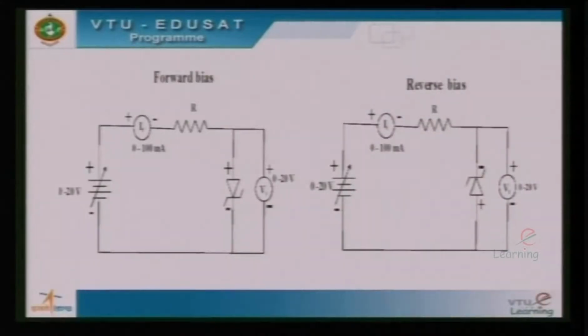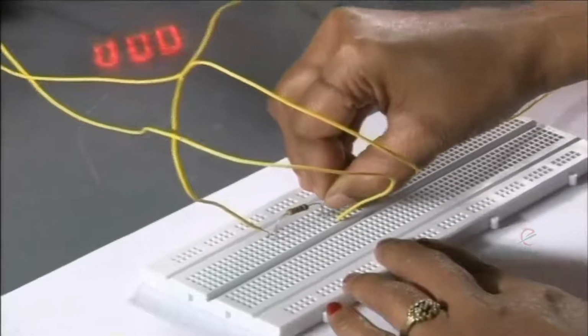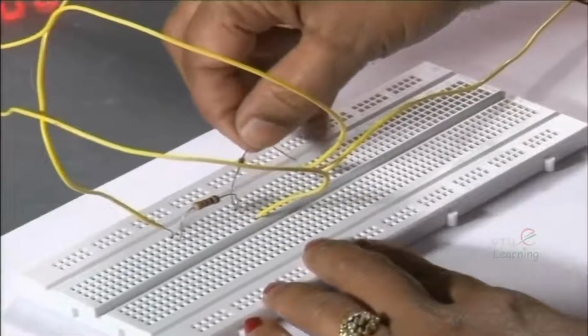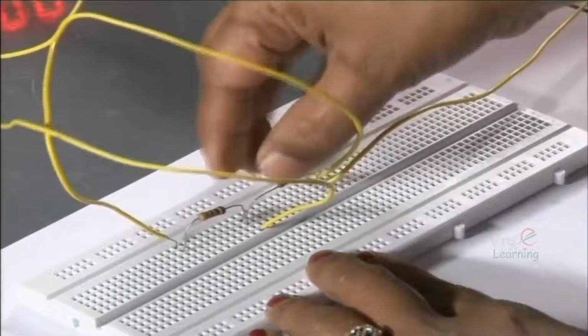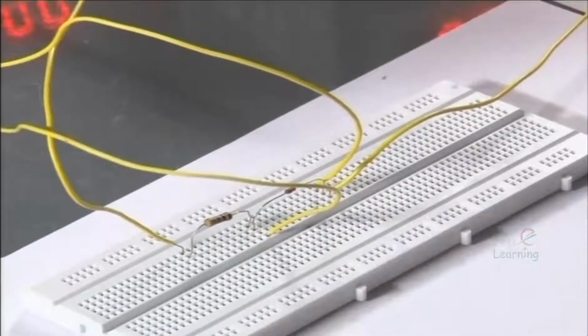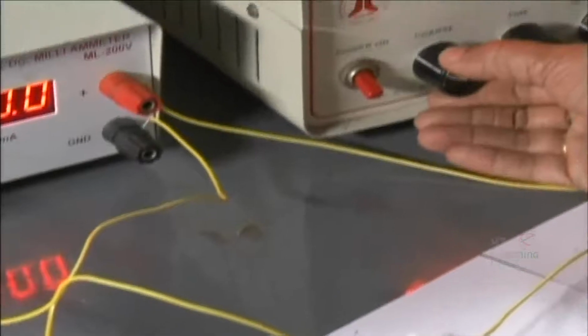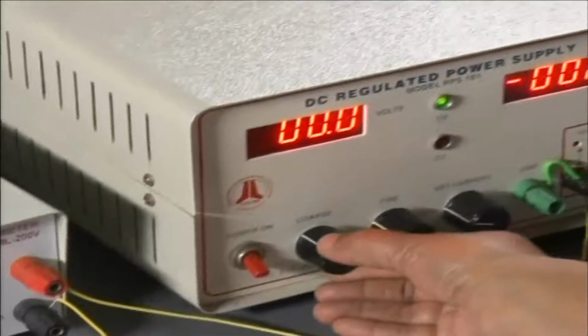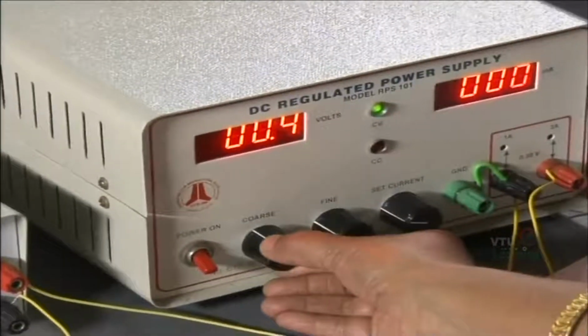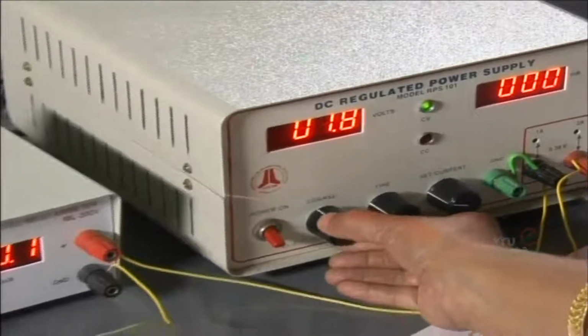Let us change the mode. Reverse the terminals of the Zener diode and repeat the process of increasing the voltage, but now the voltage is increased in steps of 1 volt.